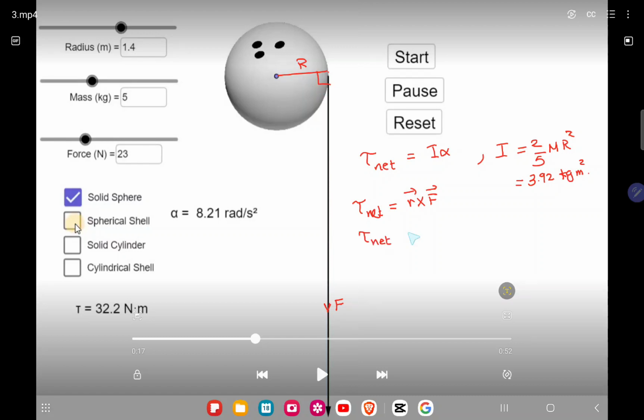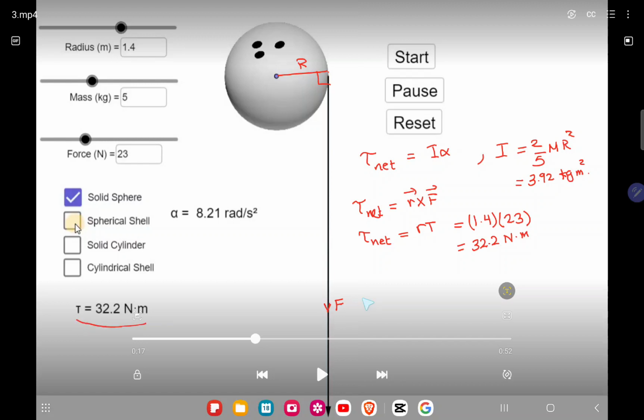The net torque is equal to RT, which is 1.4 times 23, equal to 32.2 newton meter. It's right here.